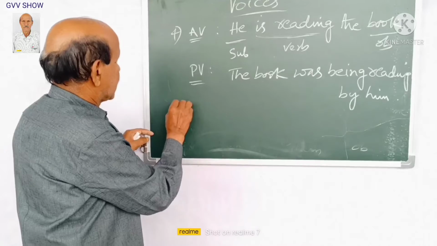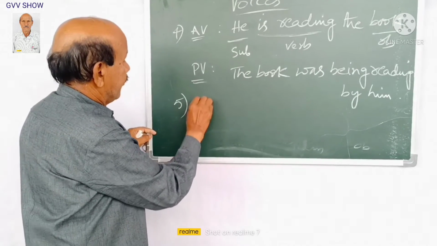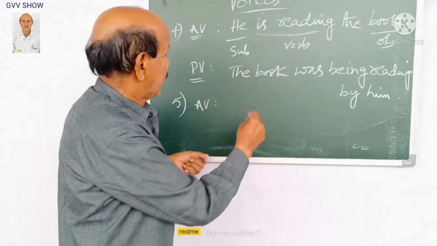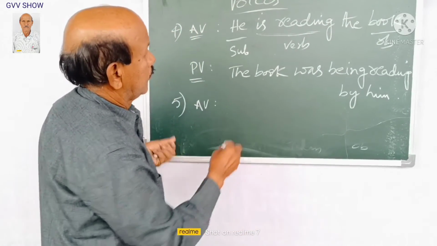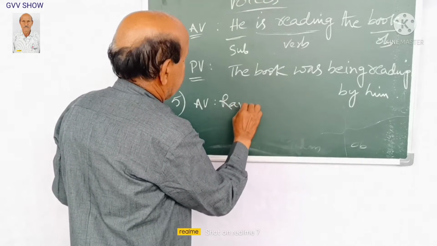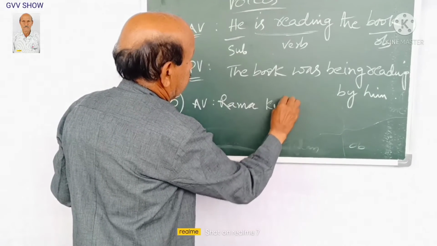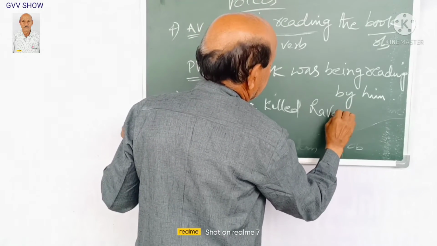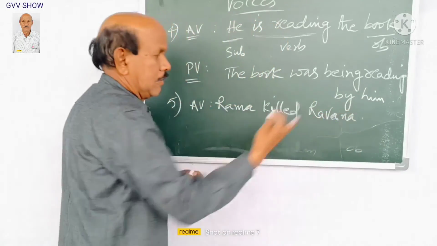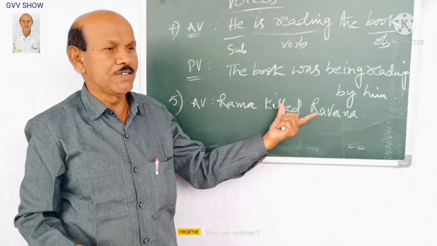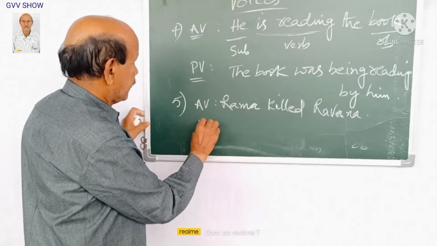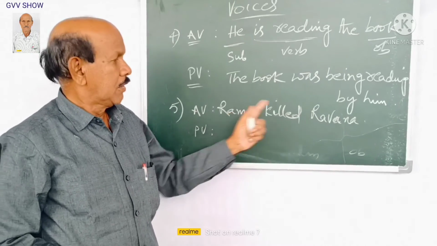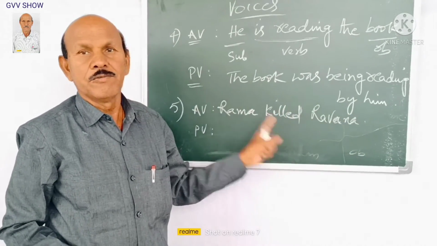So number five example, I am going to give an active voice. Rama killed Ravana. Simple active voice sentence. Many people say the same active sentence. This is an easy sentence. When it comes to passive voice, as I told previously, Rama is the subject, Ravana is the object, killed means verb.